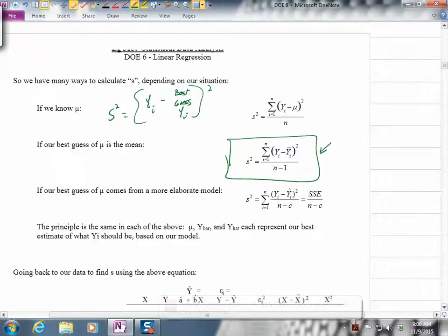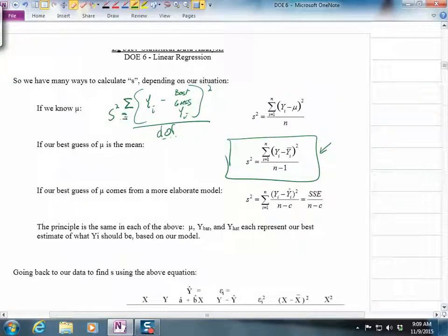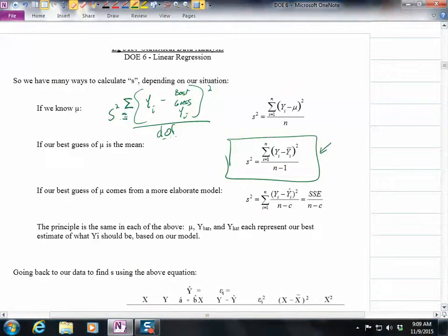So we add them up, square them, and then divide by degrees of freedom. So we take each data point, we subtract our best guess of what that data point ought to be, add all those things up, square that, that's the sum of the squared errors, divide by degrees of freedom.